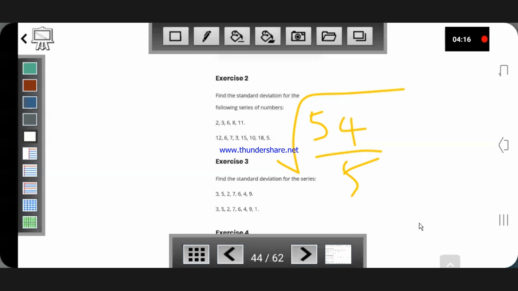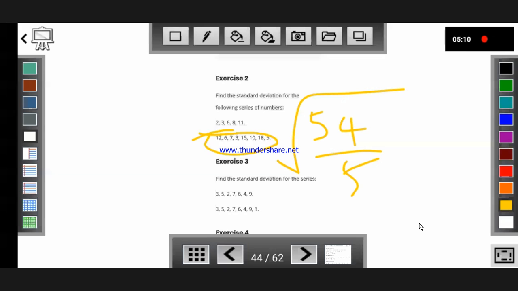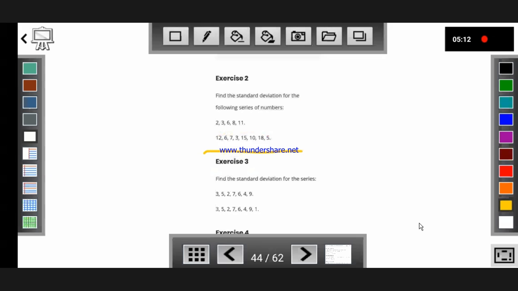Try to do this sum: 12, 6, 7, 3, 15, 10, 18 and 5.